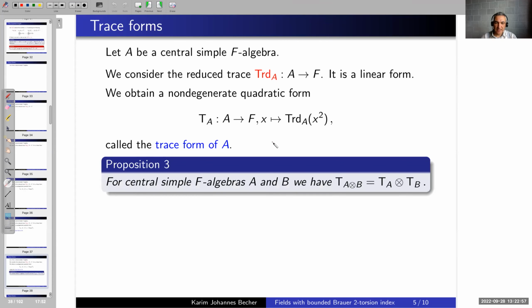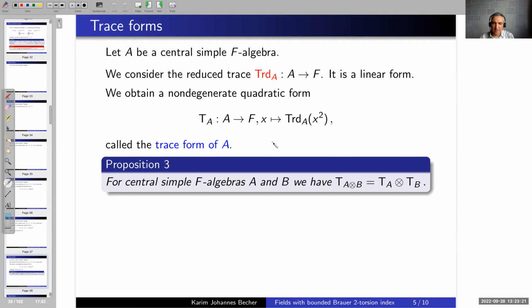Now, it has a nice property with respect to the tensor product. The trace form of a tensor product of two central simple algebras is the tensor product of quadratic forms of the two trace forms. This is an observation which is easy to verify.